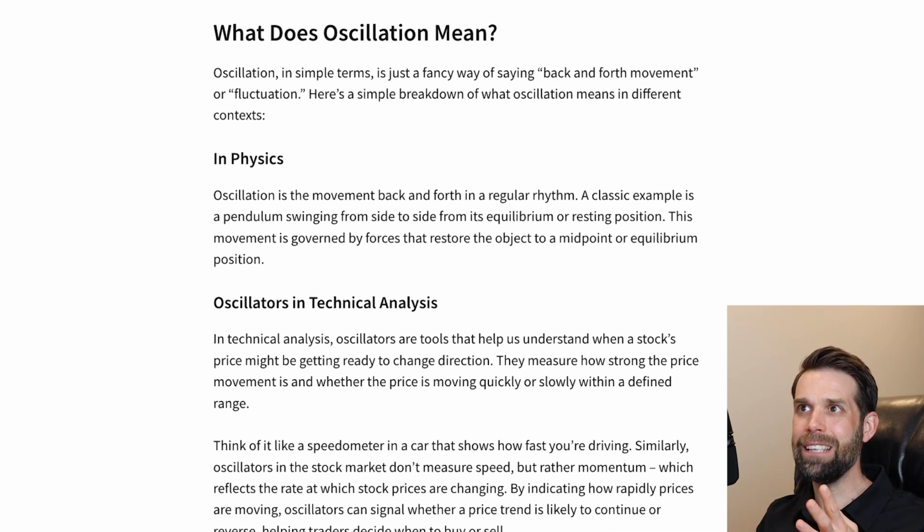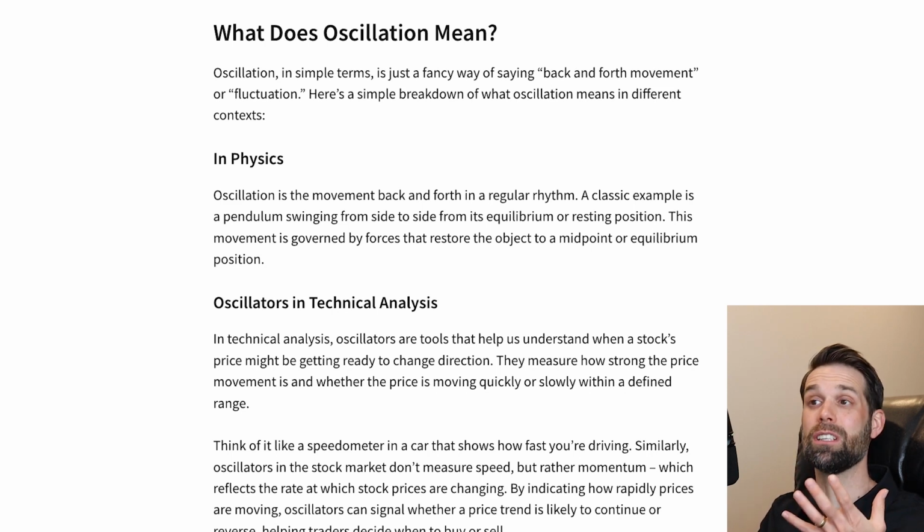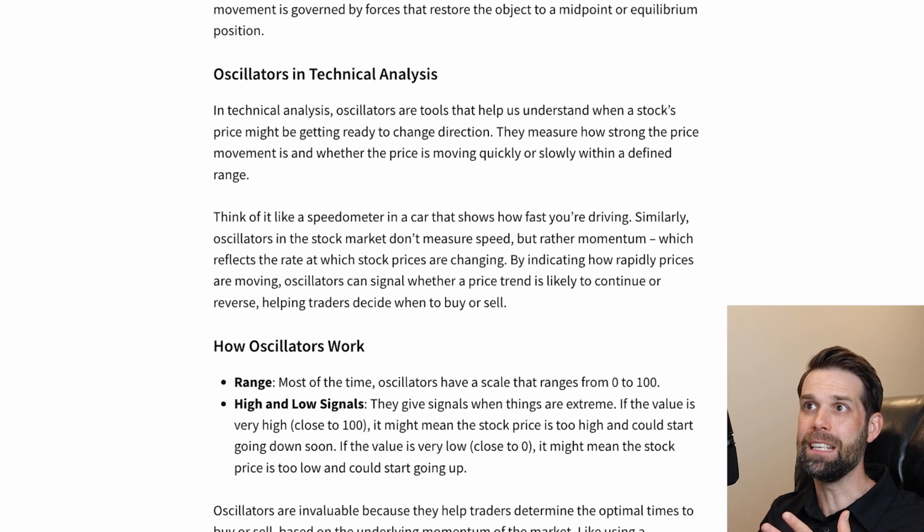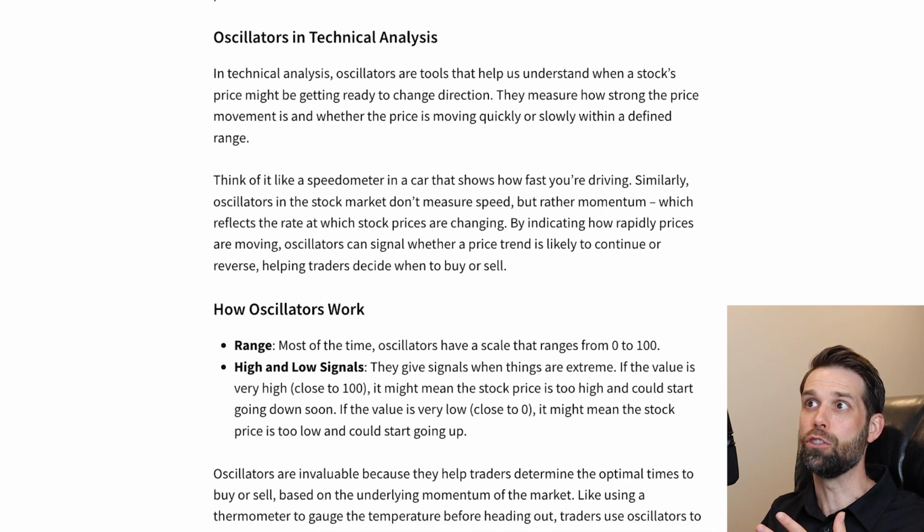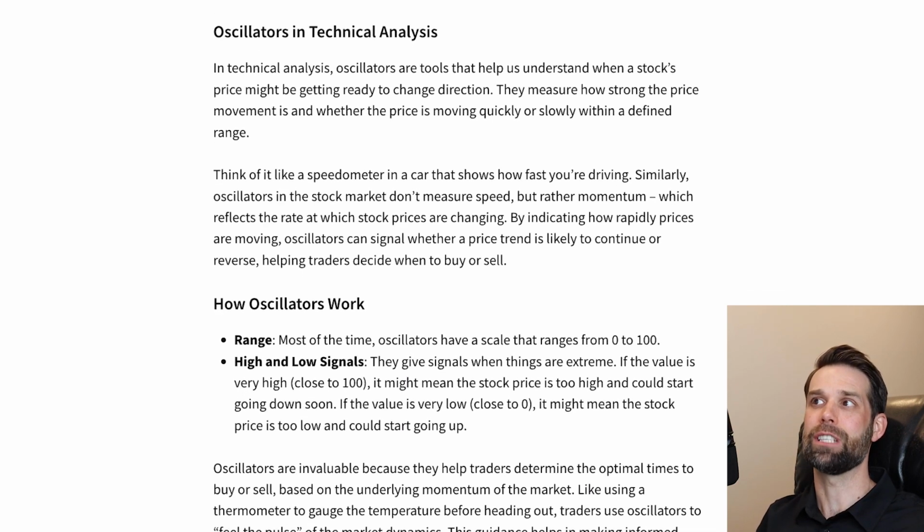Oscillation, in simple terms, is just a fancy way of saying back and forth movement or a fluctuation. In physics, you might be familiar with a swinging pendulum. That is a classic example. And when we look to technical analysis, these oscillators are tools that help us understand when a stock's price might be getting ready to change direction.